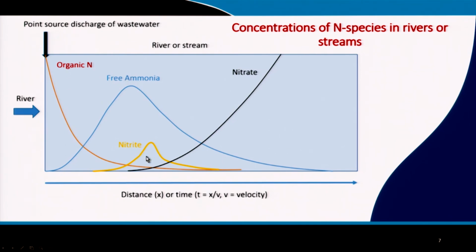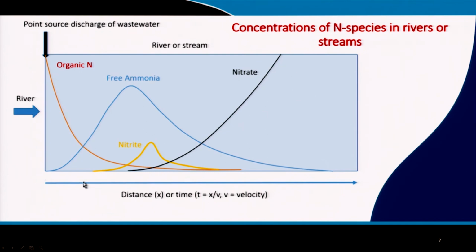And these nitrifying bacteria are relatively slow growers. These nitrite forming bacteria will then convert this nitrite to nitrate, and that is the most oxidized form of nitrogen. So there's no further change in the oxidation state of nitrogen. So you get complete conversion of organic nitrogen to nitrate in a flowing stream.